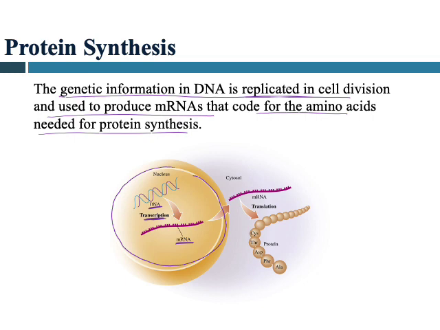So the mRNA goes outside the nucleus and is present in the cytosol, which is also called cytoplasm. Once present in the cytoplasm, this mRNA goes to a machinery or factory called the ribosome, the protein factory. Within the ribosome, you make protein through the process of translation.